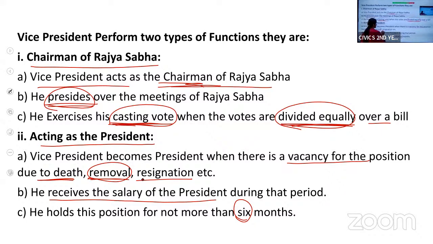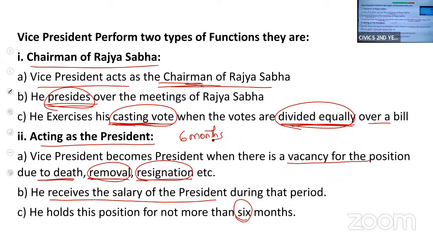If the president is removed, or gives his resignation, the vice president will become the president, and within 6 months, a new president has to be elected. So the vice president will act as president for not more than 6 months.